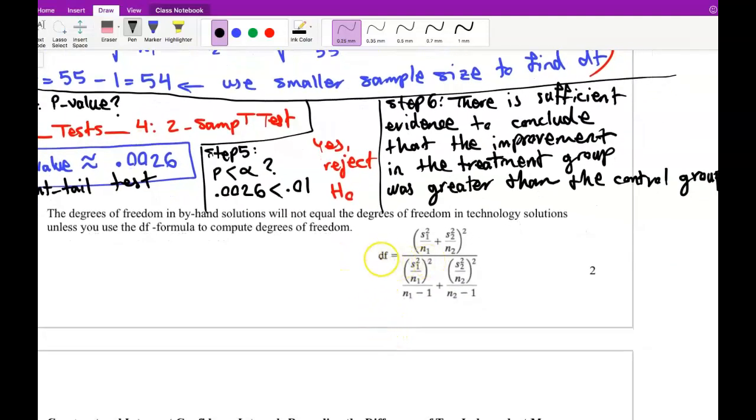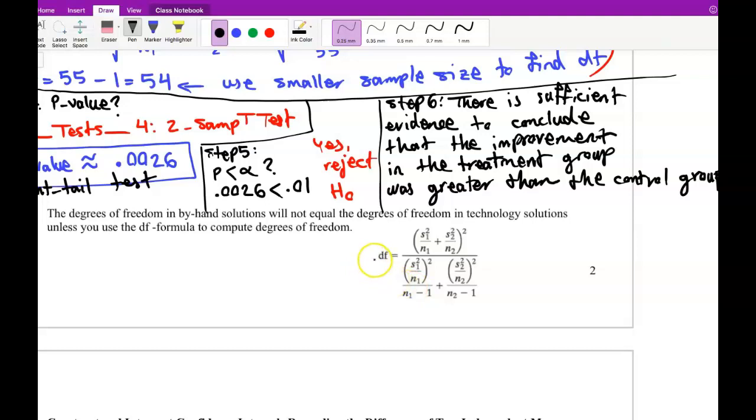Now what we have here is that degrees of freedom in the by hand solution will not equal degrees of freedom in technology. Exactly what I explained on top, that the degree of freedom using the calculator was 112 something. That was using technology, unless you use the degree of freedom formula to compute it using the first and second sample size.